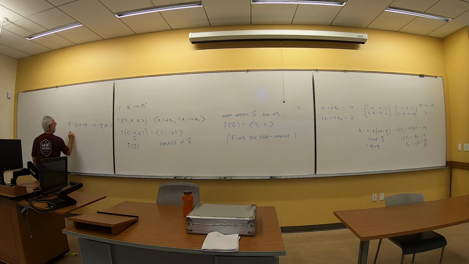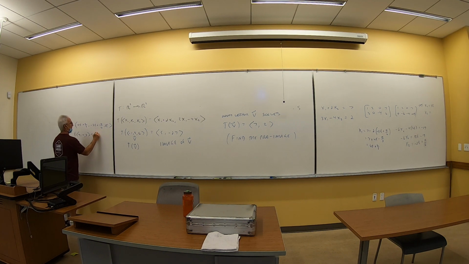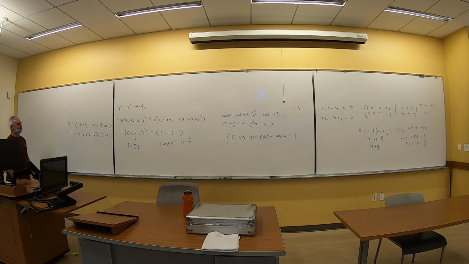Now, can we write this in a better form? t times 4, negative 2, 3. Now, let's check something really quick.